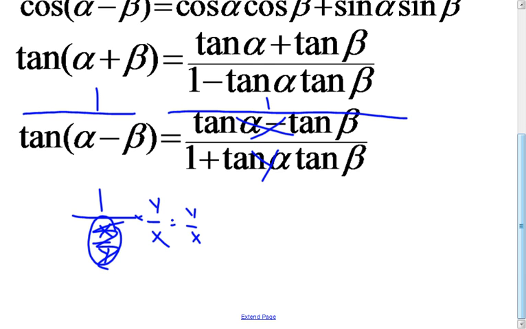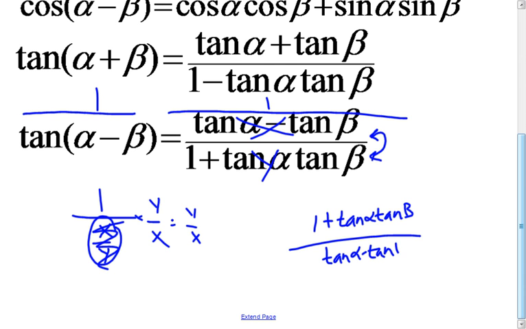So here's the deal. When you're doing cotangent, cotangent and tangent are reciprocals of each other. So when you do the cotangent formula, you just have to take the reciprocal of this one. Okay? So it's going to look like this instead. 1 plus tangent alpha tangent beta on the top, and tangent alpha minus tangent beta on the bottom.